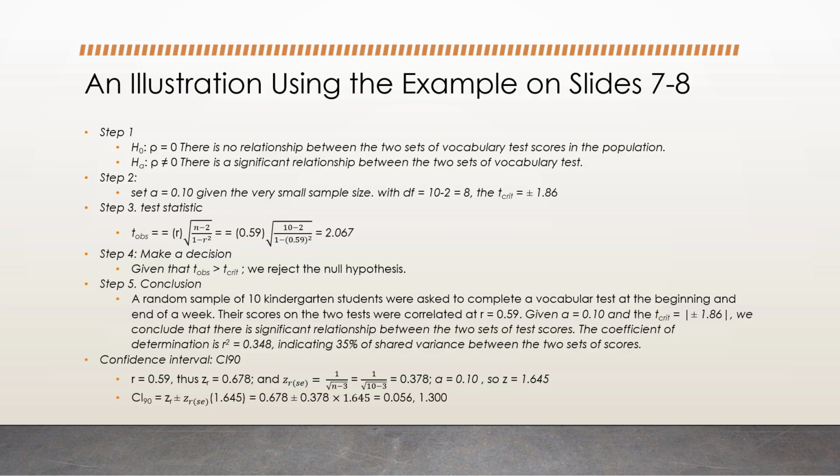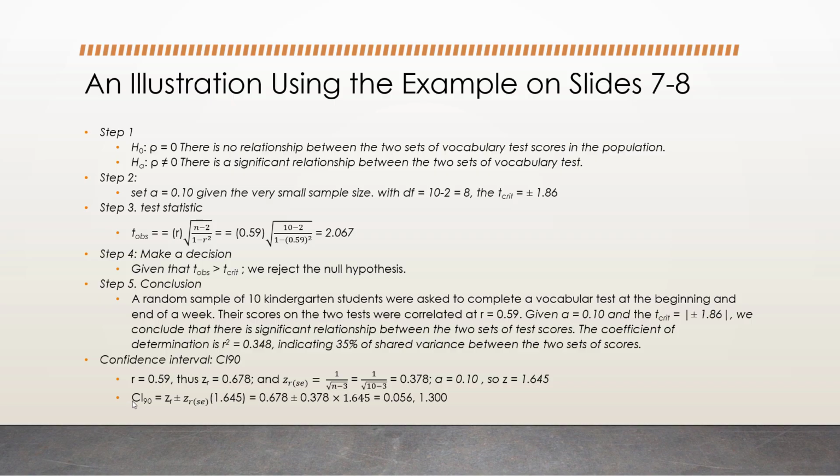To construct the 90% confidence interval, we convert R equals 0.59 to a Z-score, 0.678. The standard error of the Z distribution is 1 over the square root of 10 minus 3, which is 0.378. Given alpha equals 0.10, the Z critical value is 1.645.